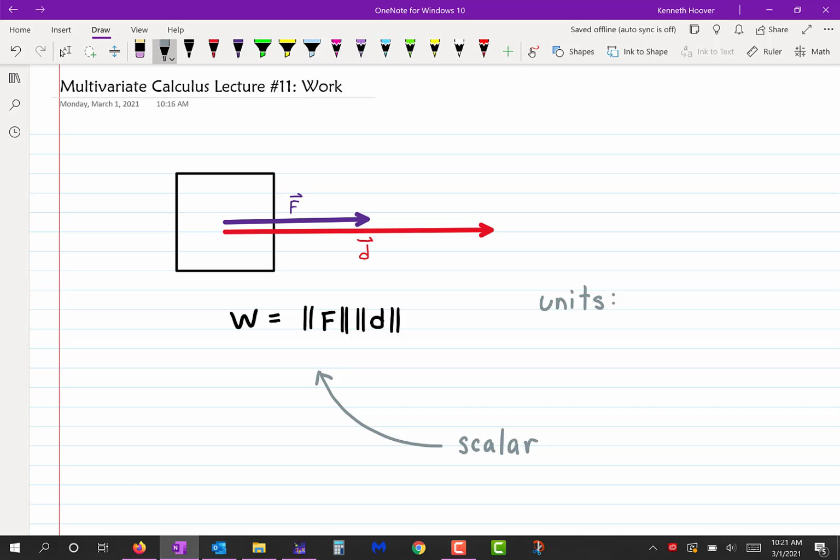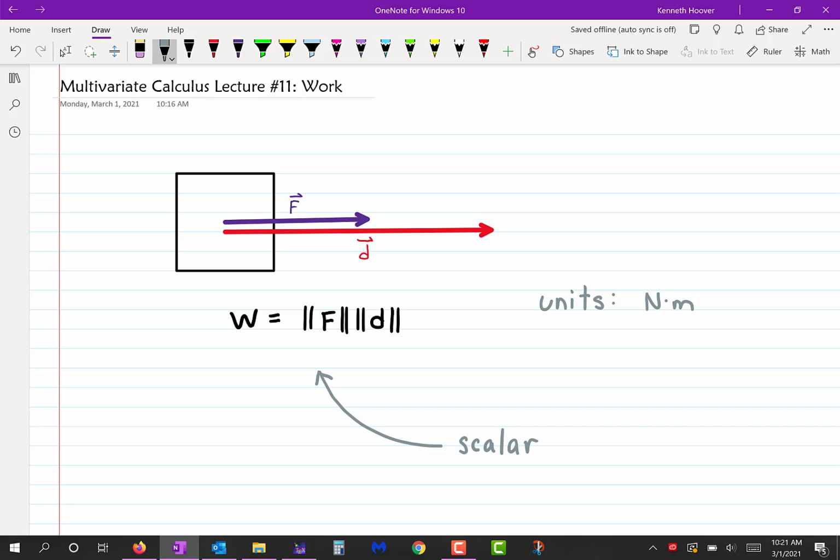If you're using the metric system, then the magnitude of a force would be measured in newtons, and distances would be measured in the standard unit, meters. So in the metric system, work is measured in what are called newton meters, because you're multiplying a number of newtons times a number of meters.